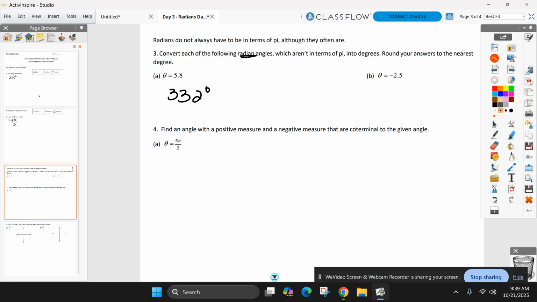Convert that into degrees. Negative 2.5 radians. And then don't try to get ahead of me. What's that to the nearest degree?